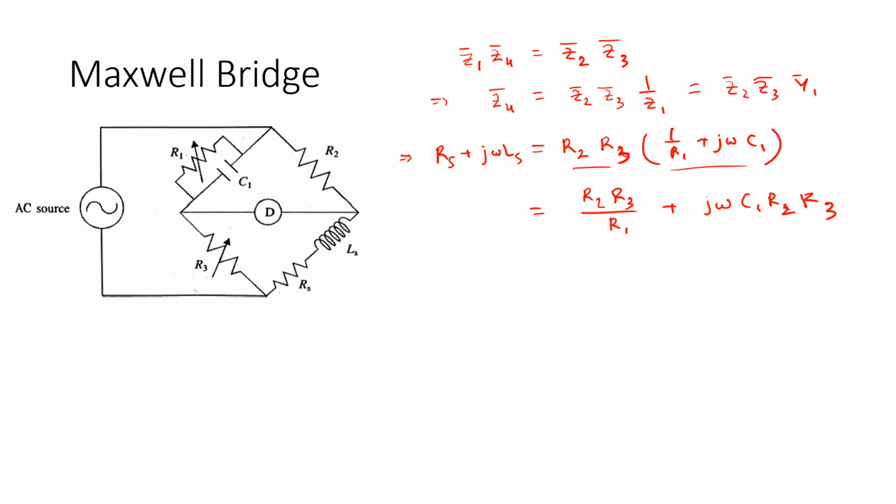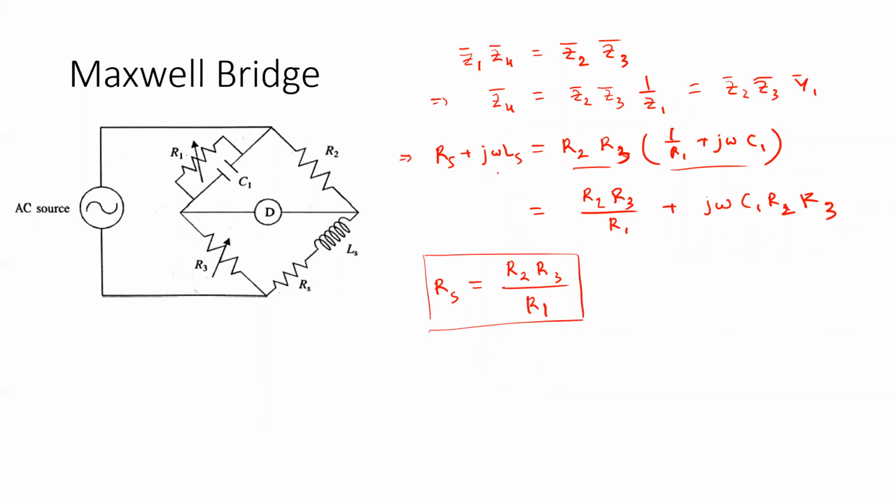That will be sufficient for us to get the expressions of the unknown quantities in terms of other circuit parameters. So in this case, Rs would be equal to R1 into R3 by R2 into R3 by R1.